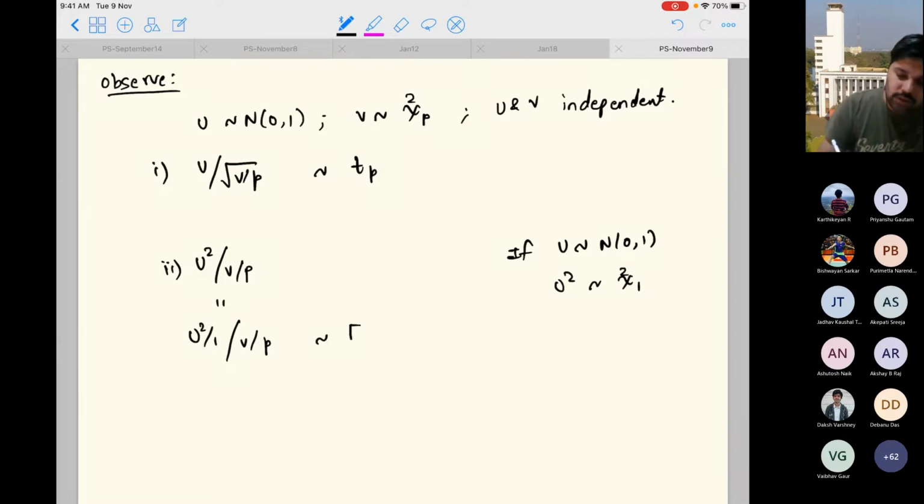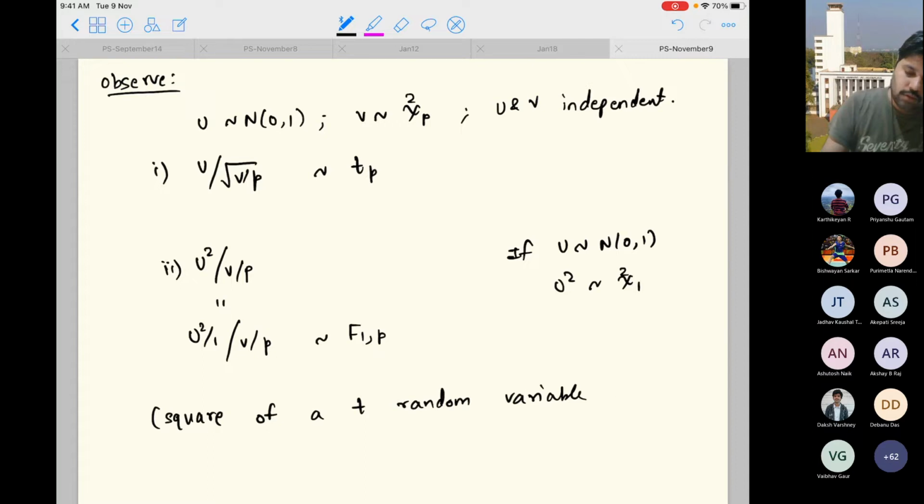What will this follow? This will follow F1P. Is that right? Yes, sir. So roughly what you can remember is that the square of a t random variable is F. So t_P squared is F_1P.